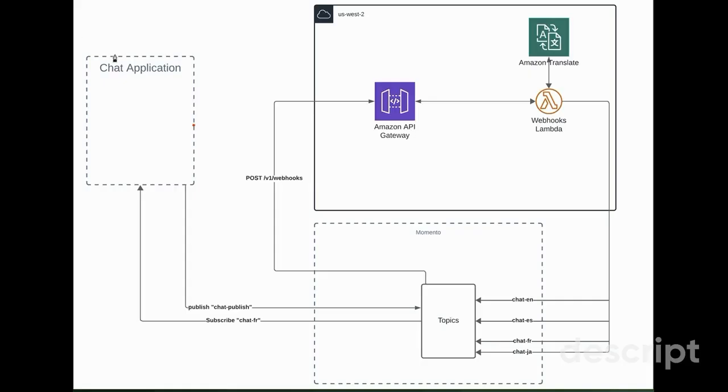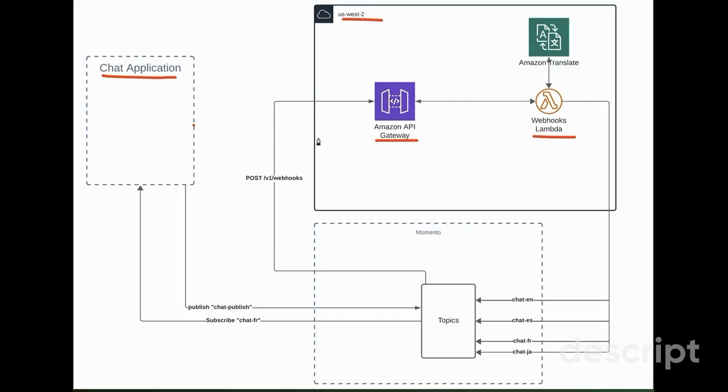Okay, now that you know what both are, we can come back to this architectural diagram. The main components in this diagram are the UI component, that is the chat application running on your browser, talking to Momento topics, and then we have a Lambda REST endpoint in the US West 2 region of AWS created using Amazon's API Gateway.